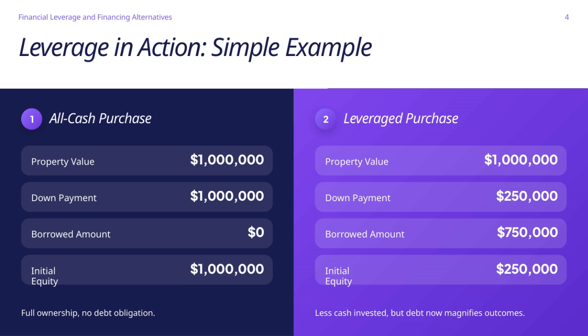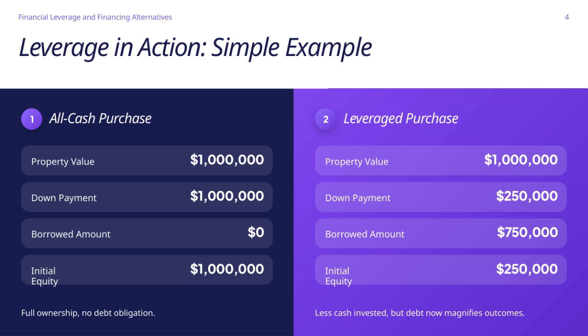Now, contrast that with the leveraged purchase on the right. The property value remains the same at $1 million, but instead of paying it all up front, you only put down $250,000 as a down payment. The remaining $750,000 is borrowed. This means your initial equity is just $250,000, but the borrowed amount allows you to control the entire property with less cash invested.